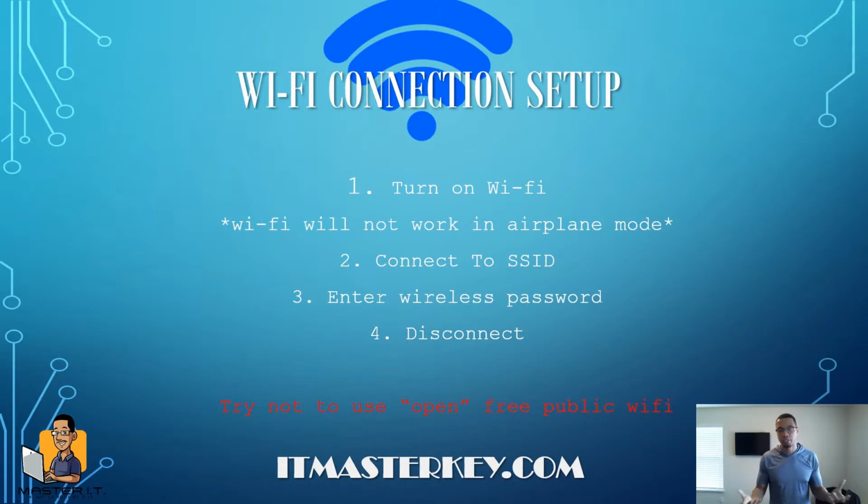Whatever device you're using, make sure that the Wi-Fi is actually turned on. Next up, make sure that you connect to the correct SSID. The SSID is nothing more than the name of the network. If you go inside of Starbucks and the wireless network is called Starbucks Wi-Fi, Starbucks Wi-Fi is the SSID.